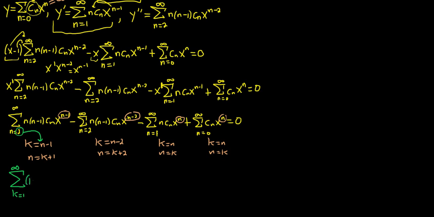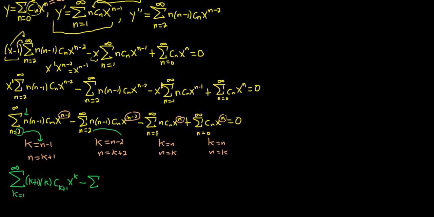So this is k plus 1, and then k plus 1 minus 1 is going to be k, and then c sub k plus 1, and then x to the k. That was the whole point. We wanted it to be x to the k. So again, n is k plus 1, looks okay. And then n minus 1, well, that's k, and then c sub k plus 1, x to the k. Yep, looks good.